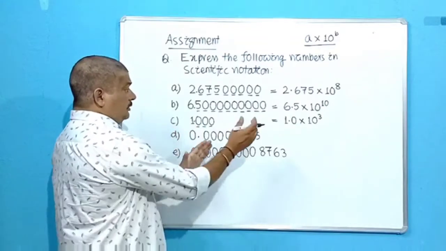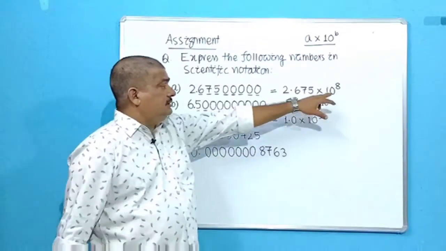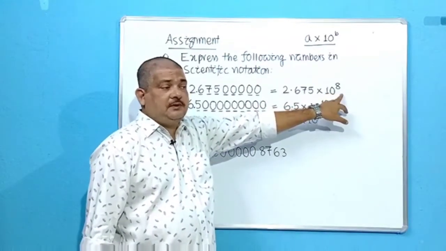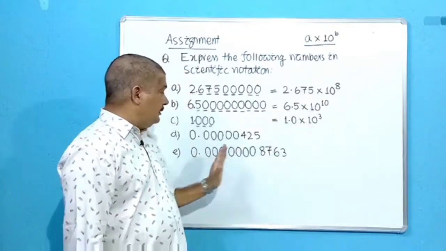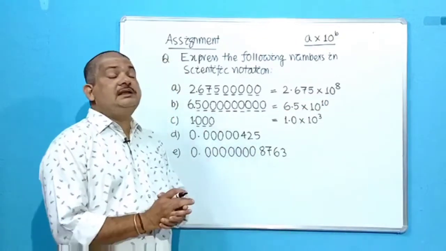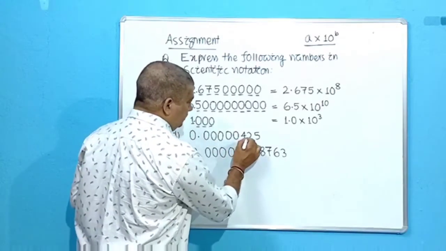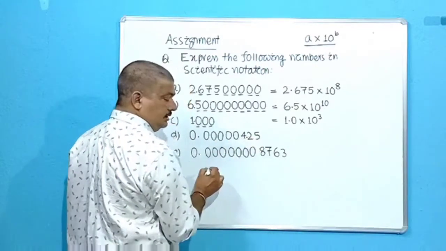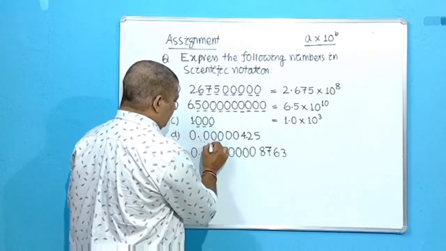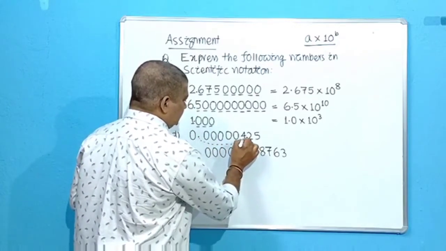Now, when we are moving towards the left, the power is expressed in the form of a positive integer. When we are moving to the right, the power will be in the negative form. So here, the decimal has to be moved from this place to this one.